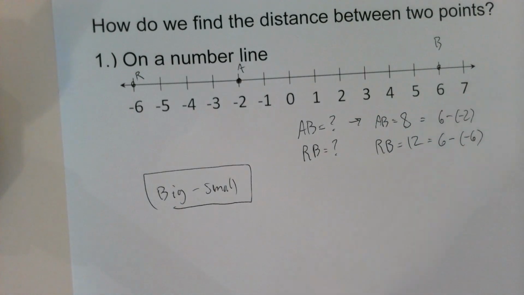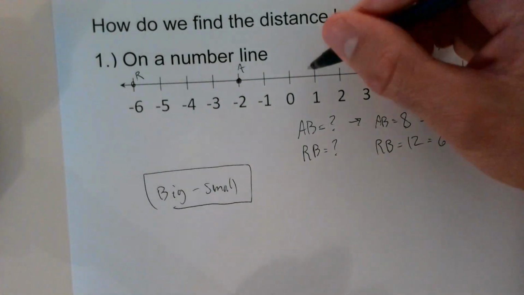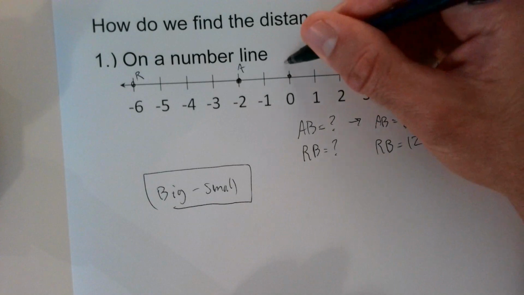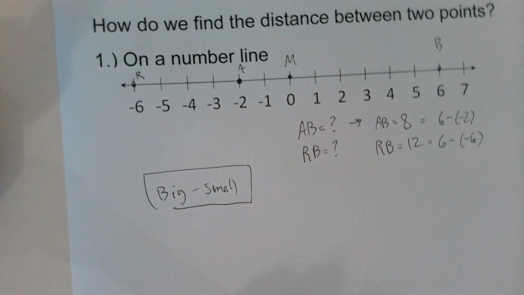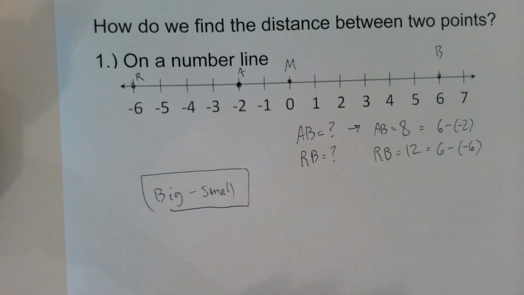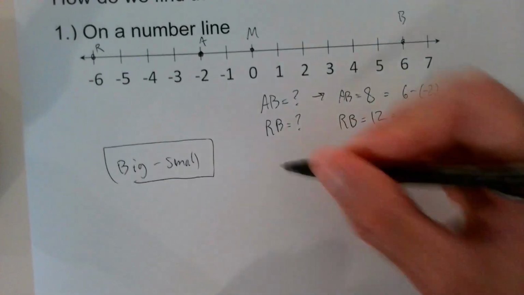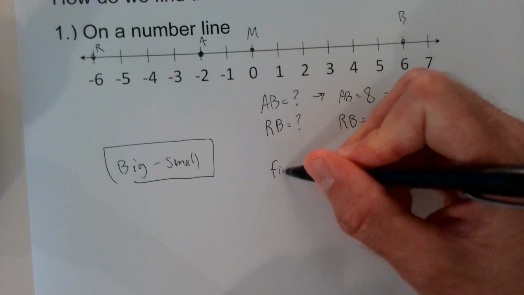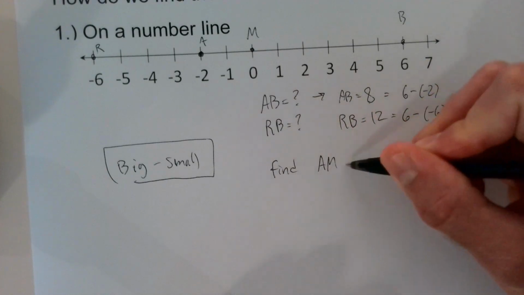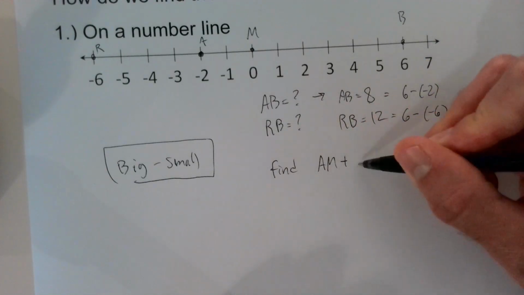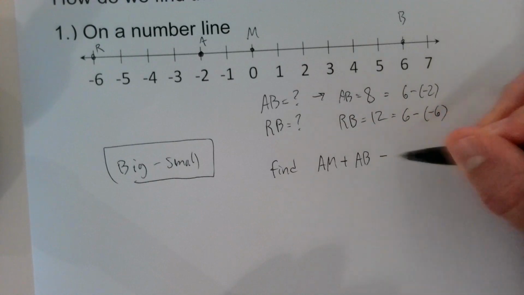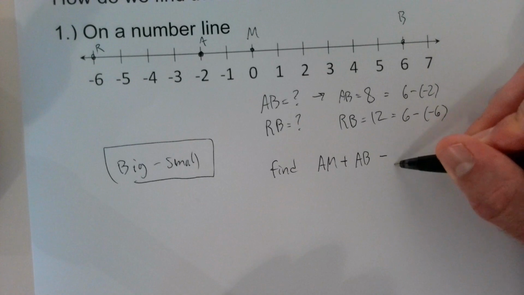Some other things that you're going to see, let me put another point M, is you will get very confused with some of the notation that we're getting used to with those distances. They might say something like find AM plus AB minus, how about RB?